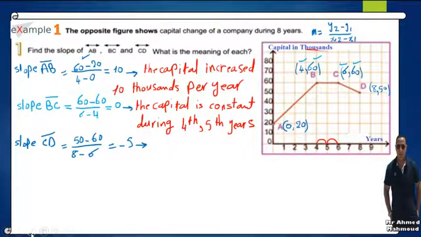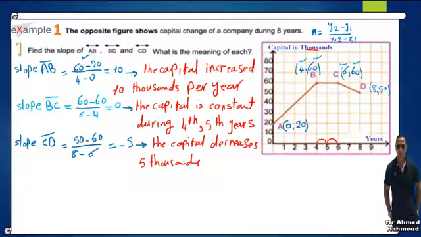Then I'm going to write: the capital decreases 5,000 per year.